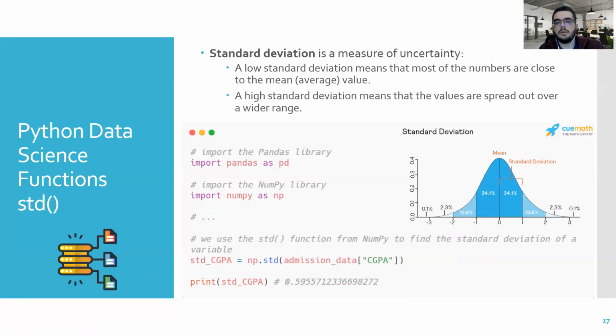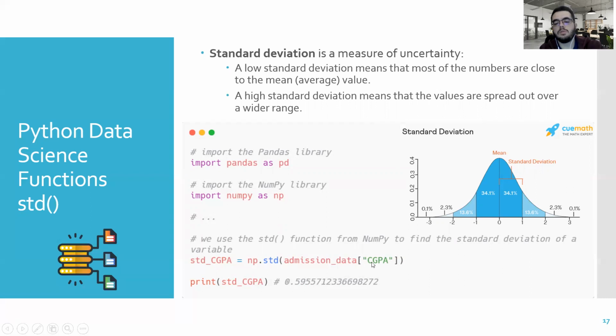But besides percentiles, there is one more complicated concept in data science and statistics, which is standard deviation. It could be simply considered as a measure of uncertainty. So, for example, a low standard deviation means that most of the numbers are close to the mean or average value, but high standard deviation means that the values are spread out over a wider range. And we can also use NumPy library in order to find the standard deviation of some variable.